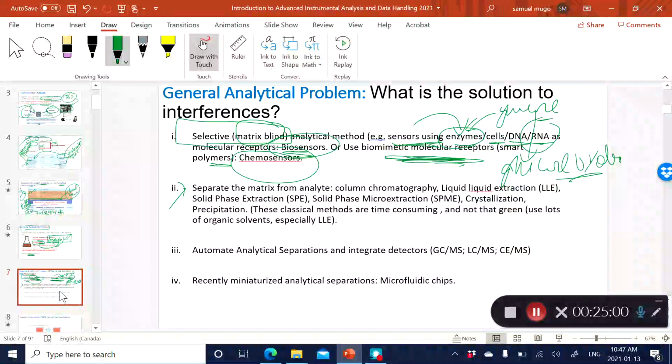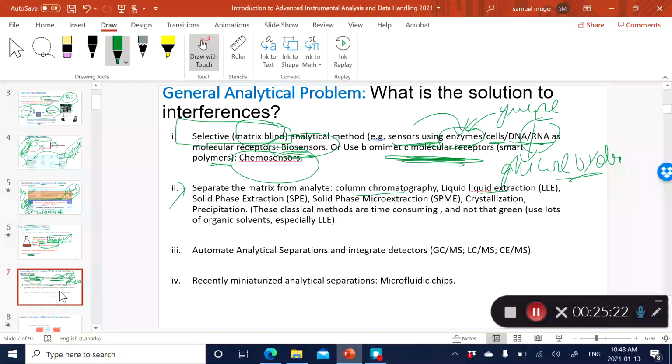You can do separation using, and you guys have done this, I'm sure, in different courses, especially organic chemistry, column chromatography, a very painful process, trying to elute analyte from columns. You can do liquid chromatography or extraction.